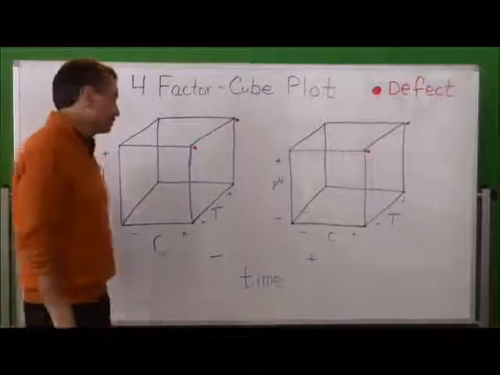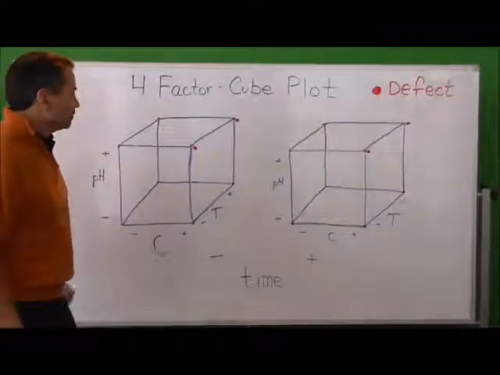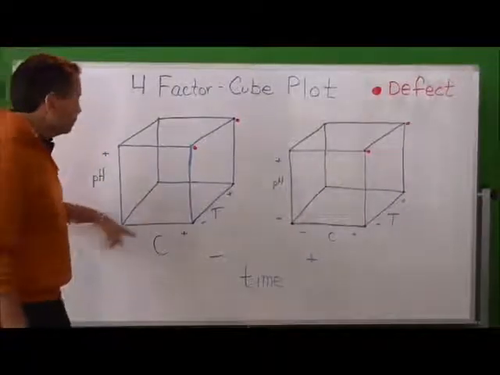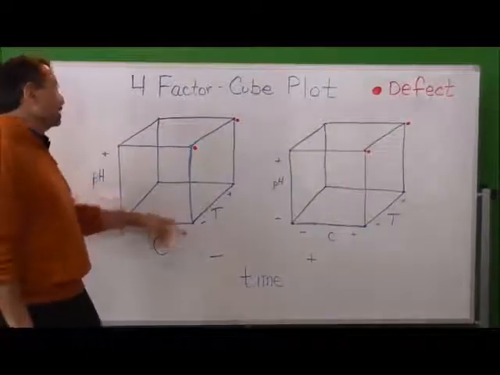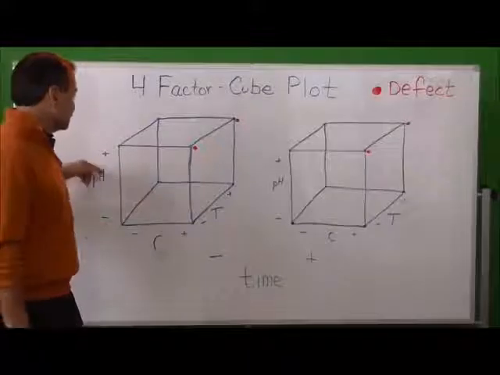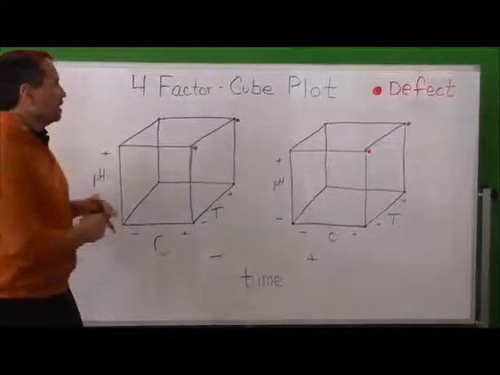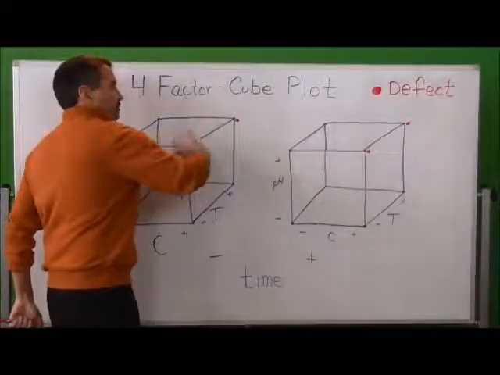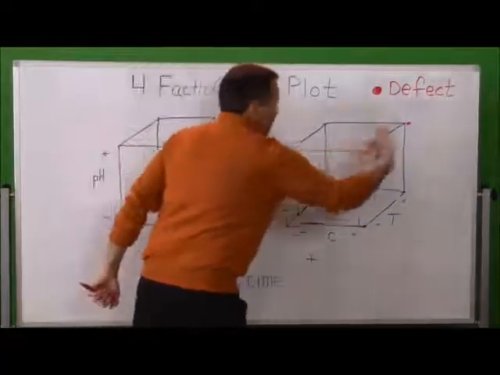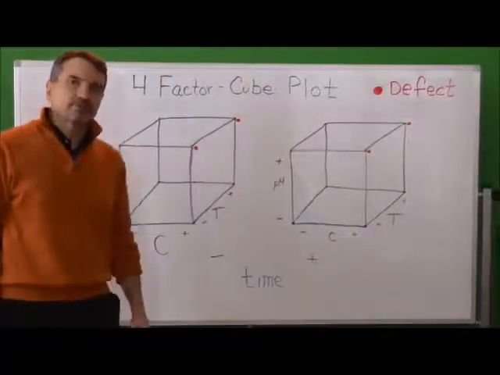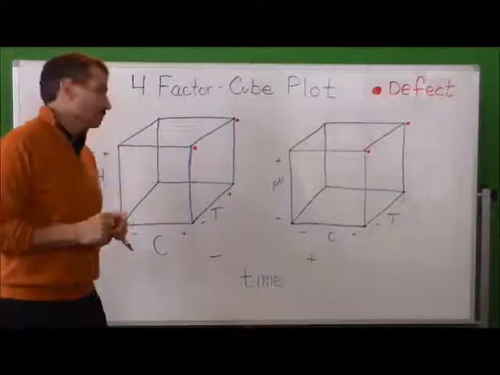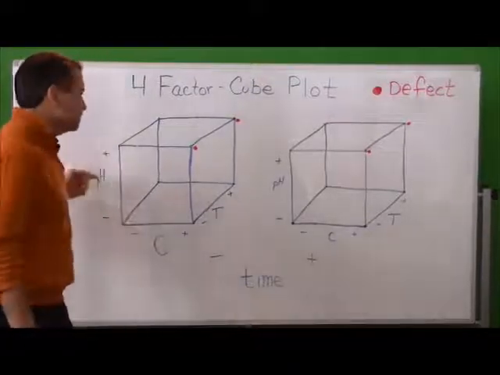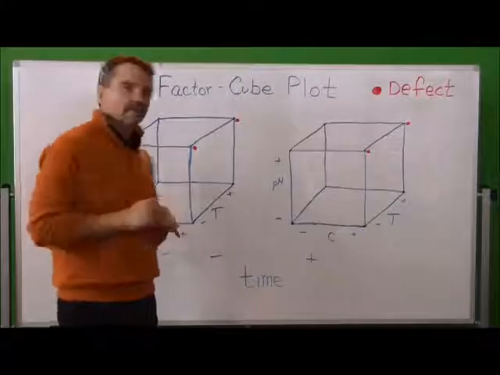The defect shows up when we have the concentration at the high level and the pH at the high level. When we have those 2 together, which is a common factor throughout those runs, we have a 2-way interaction going on between the pH and the concentration.